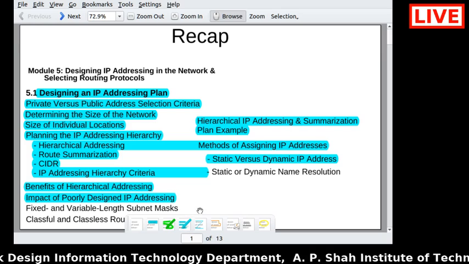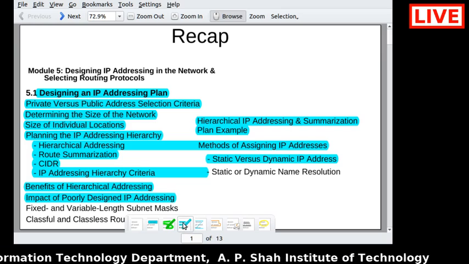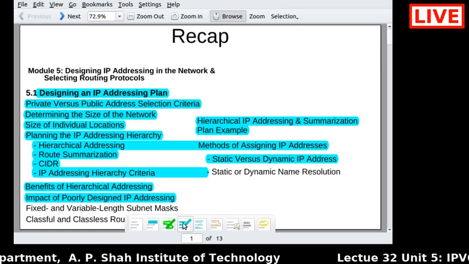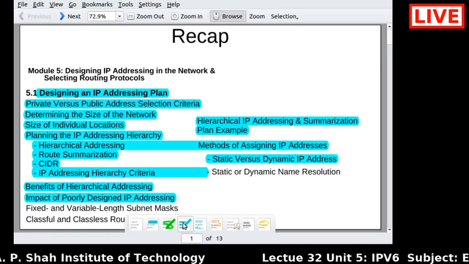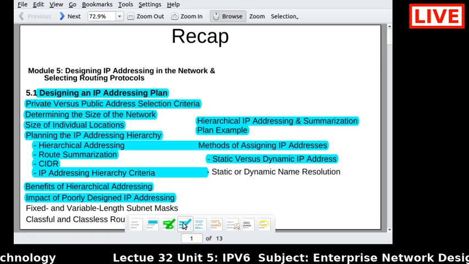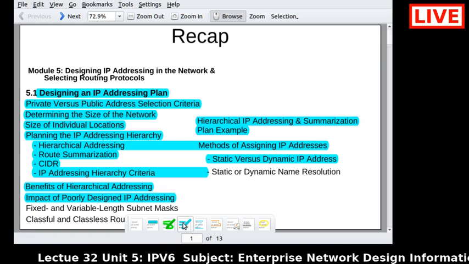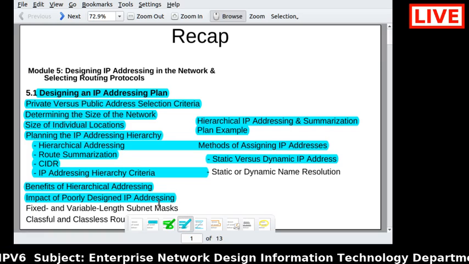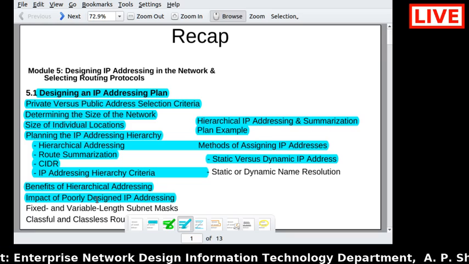If you design IP addresses randomly, whenever you scale your network and just allocate IP addresses randomly across your network topology, what will the impact be? And how must you assign or design the IP addressing with respect to that?